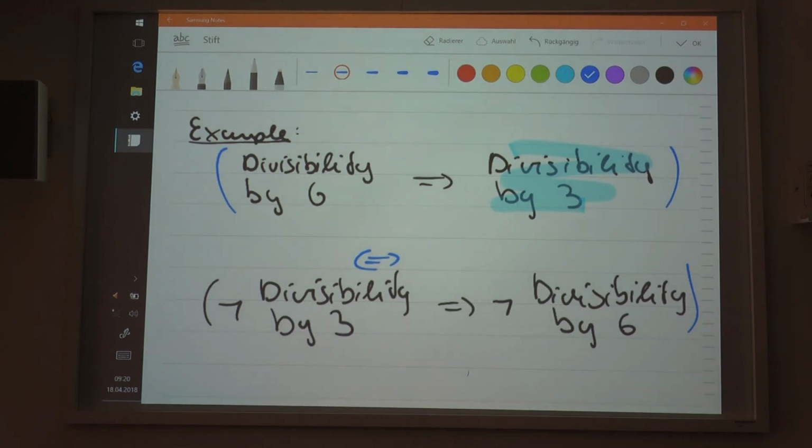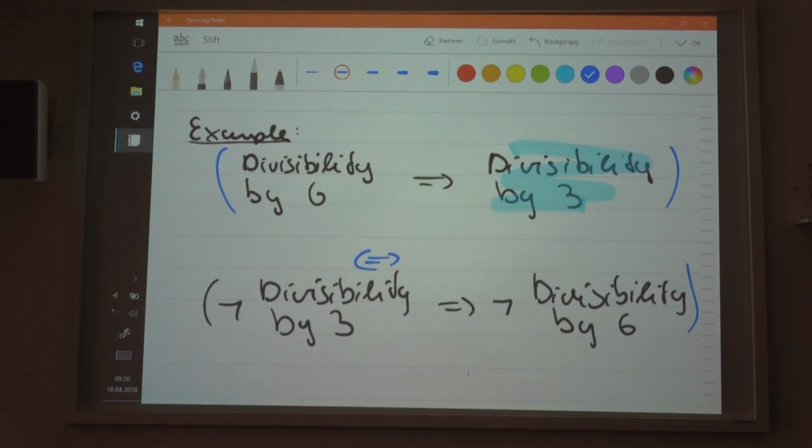So if it's not divisible by 3, then it cannot be divisible by 6, which is more obvious in this case. Because if it's not divisible by 3, then the remainder of the division is not 0. So if the remainder of the division by 3 is not 0, then the remainder of the division by 6 cannot be 0 as well, which is quite obvious because 6 is a multiple of 3, right?